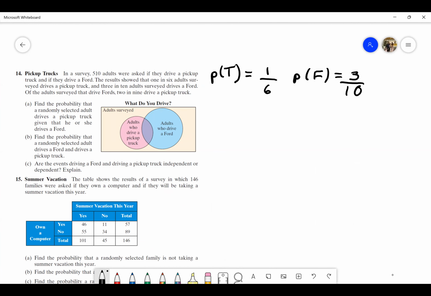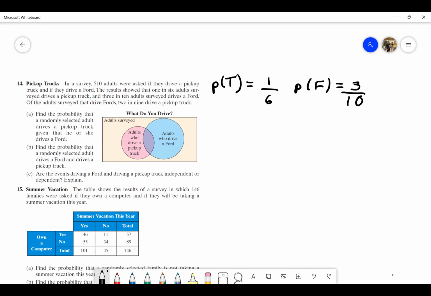Now, this is a conditional. So if you drive a Ford, the probability you drive a truck is 2/9. So they said it backwards. They're saying the probability you drive a pickup truck, given you own a Ford, is 2/9. And understanding that, being able to take that from that sentence, will allow you to do the problem or not.